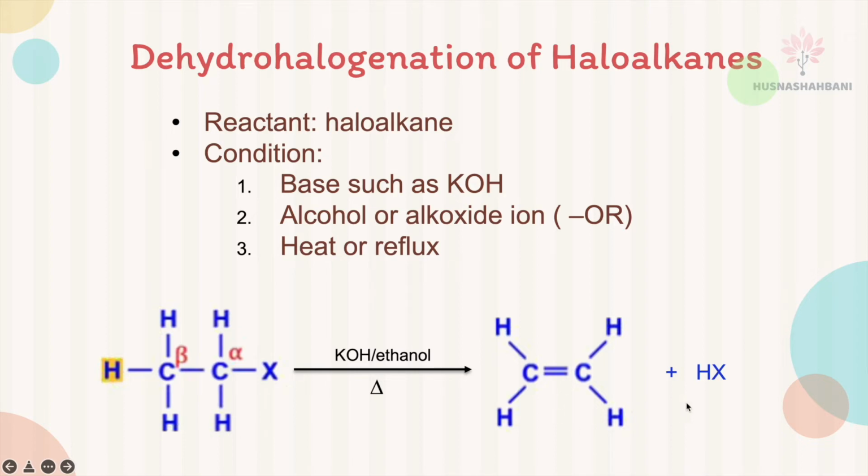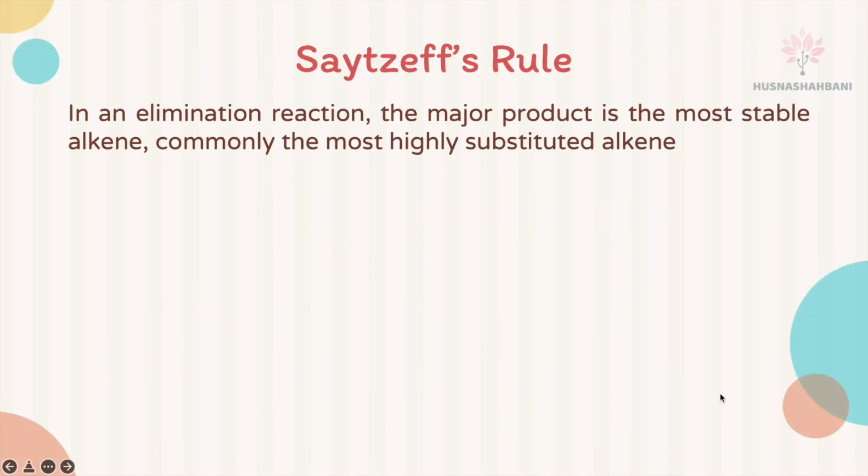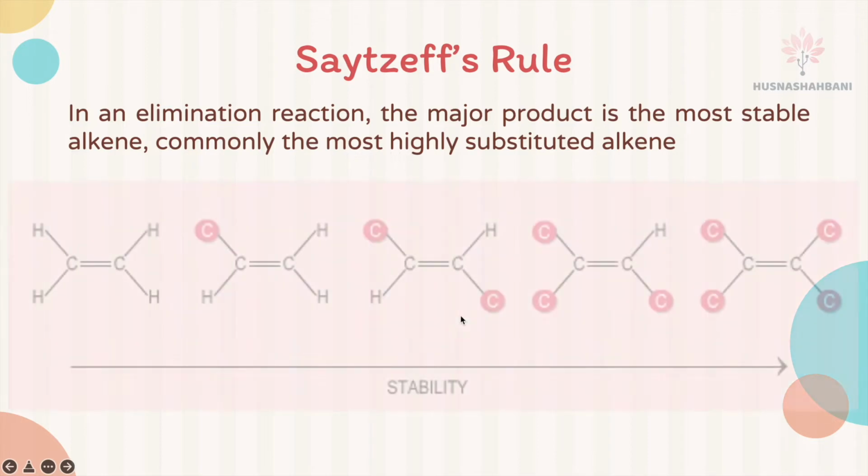Both eliminate water, or hydrogen and halogen. So those two are elimination reactions. The major product of the reaction is the most stable alkene. Which one is the most stable alkene?